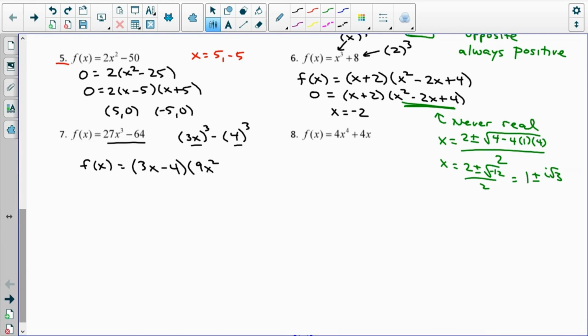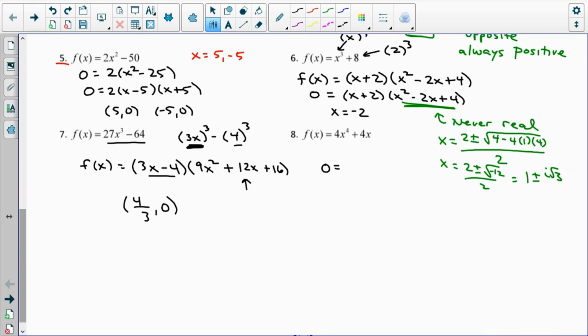Then I have 9x squared, because if I take 3x and I square it, I get 9x squared. Opposite sign, 3x times 4 is 12x, and then 4 squared is 16. So once again, this one's never going to be real. And then if I set 3x minus 4 equal to 0, I have an x-intercept at 4/3, 0. The other two are non-real.